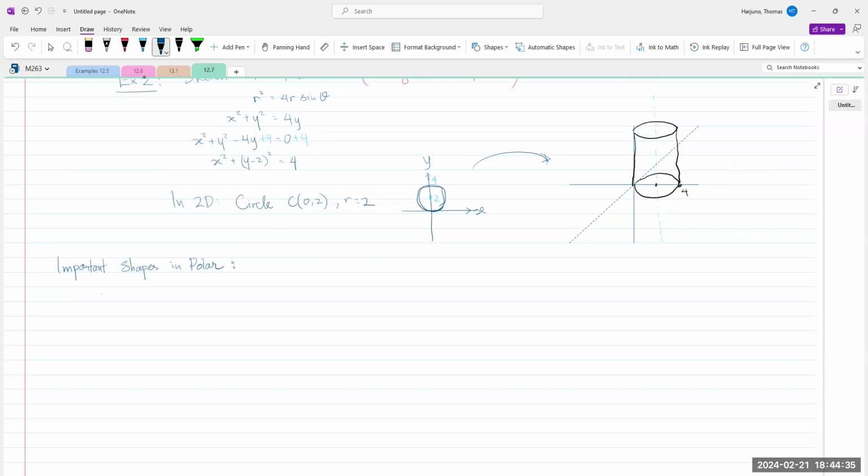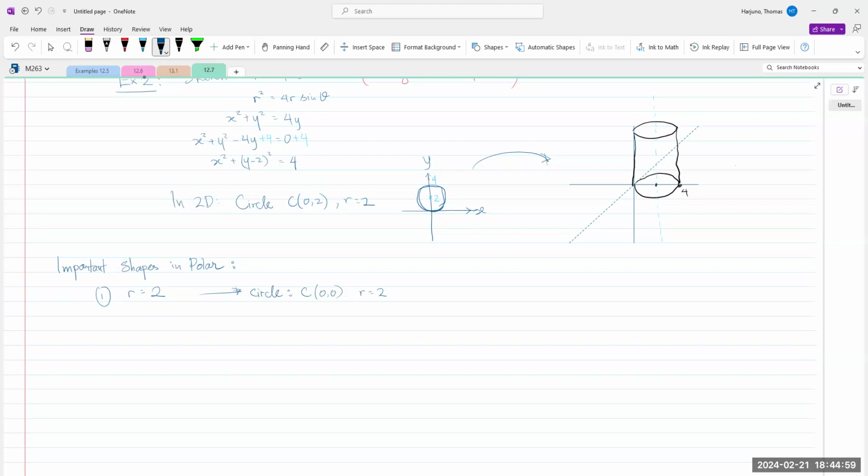The first one, when r equals a constant, let's say r equals 2. R equals 2, this is a circle centered at origin with radius 2.